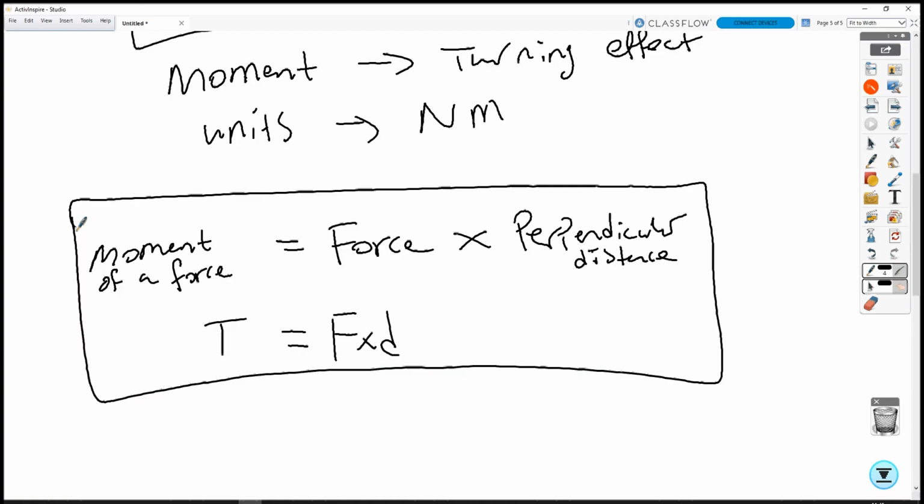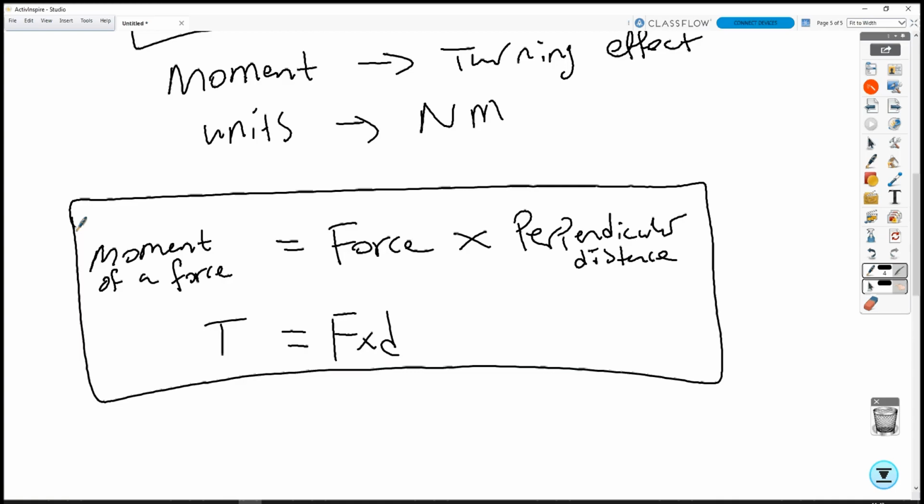So the question arises, is the moment the same as energy? The answer is that they're not. The distinguishing factor is that for energy or work done, the force and the distance are in the same direction. They're parallel to each other. In the case of a moment, they're perpendicular to each other.